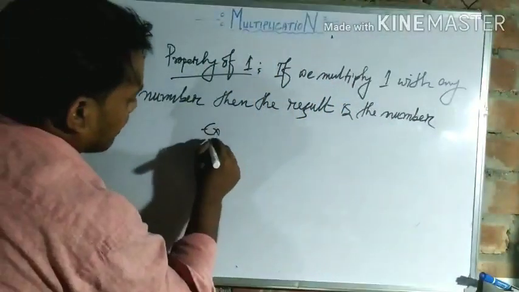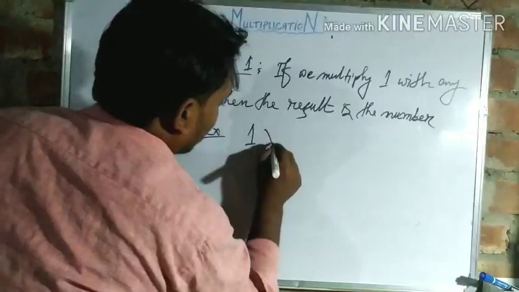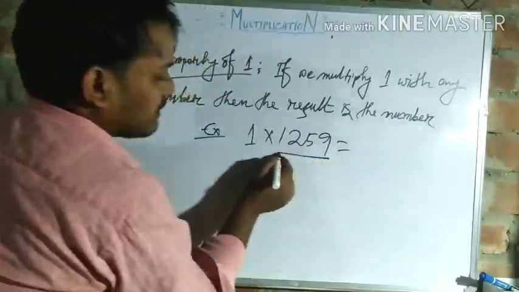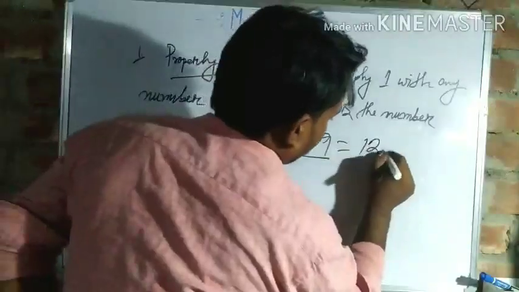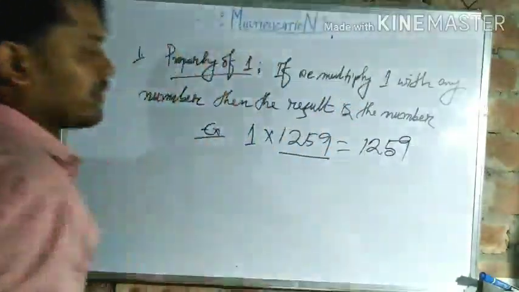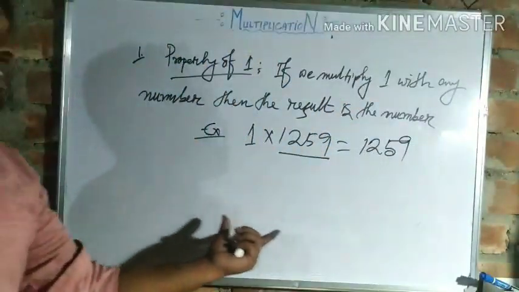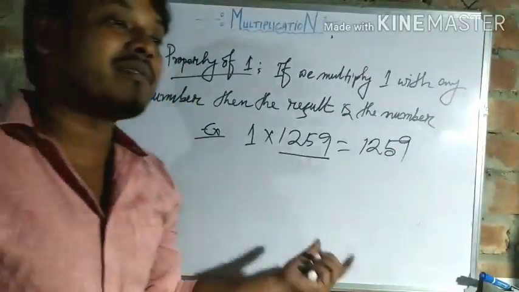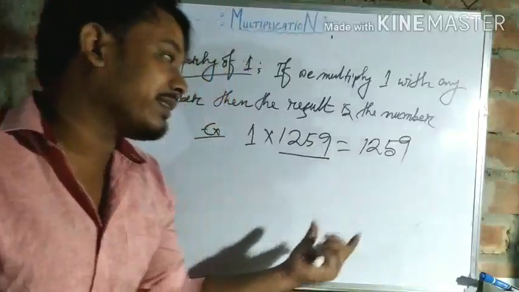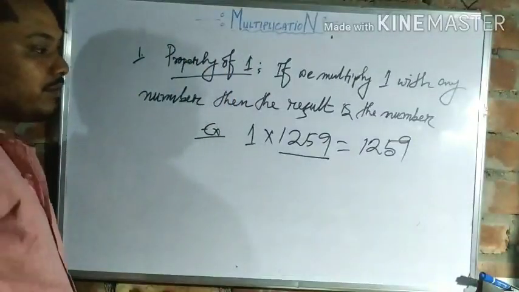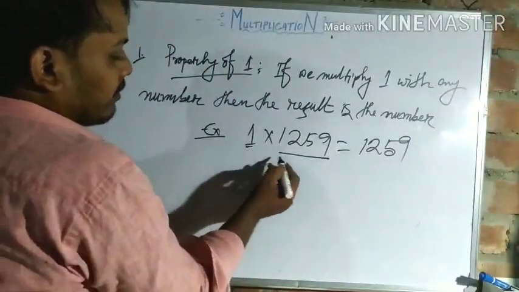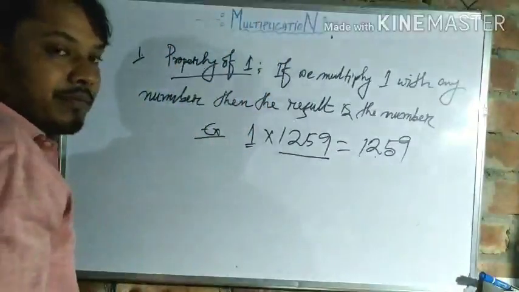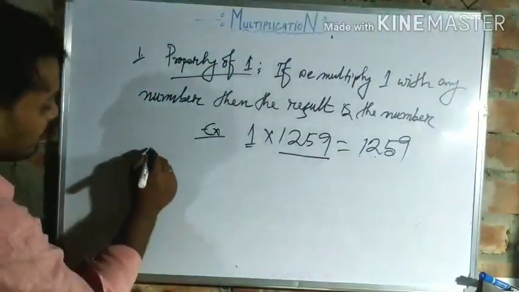Example: if we multiply 1 with 1259, the result is 1259. Or you can memorize it this way: if we multiply 1 with any number, the result is the same. So 1 times 1259 is the same 1259. It is the first property.